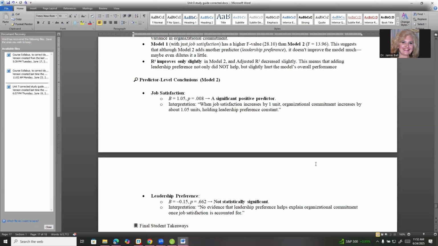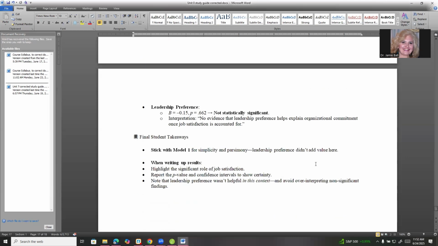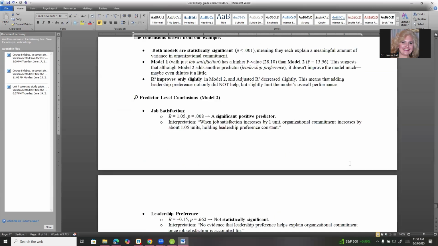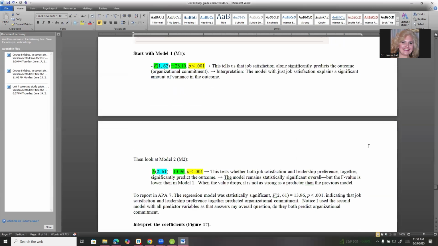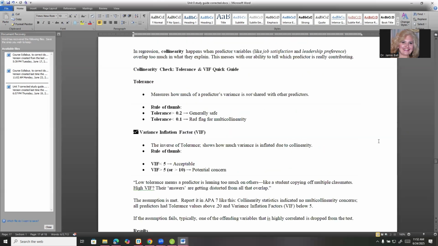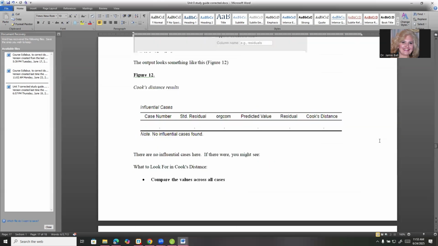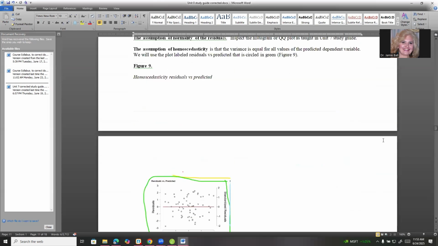Okay, so draw your conclusions. Do you reject the null? Or do you fail to reject the null? The null hypothesis, let's go clear back up here. Remember to state whether or not you're rejecting your null.